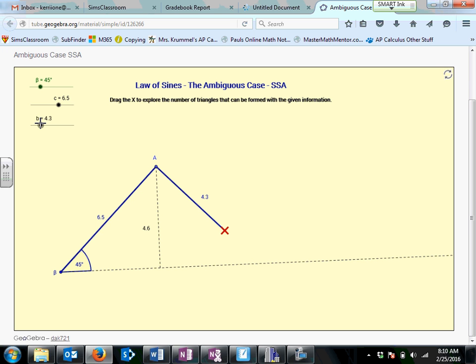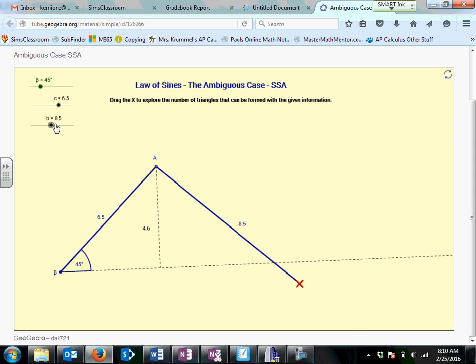If this were the case, what's happening now? Will this ever create a triangle? In the case where this second side is too short to meet up with this side because of this angle, we are not going to get a solution at all. That is possible.